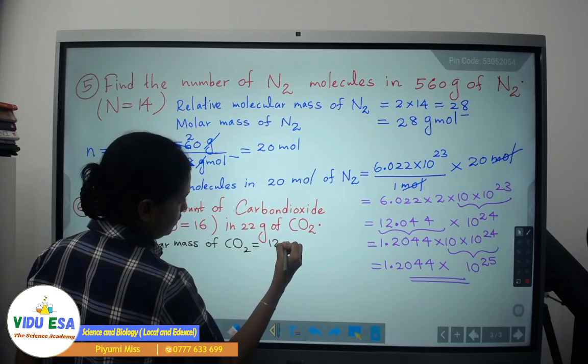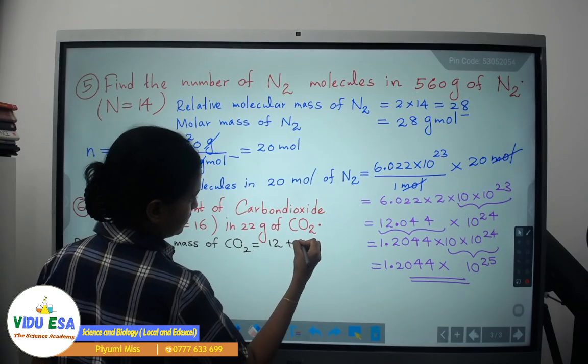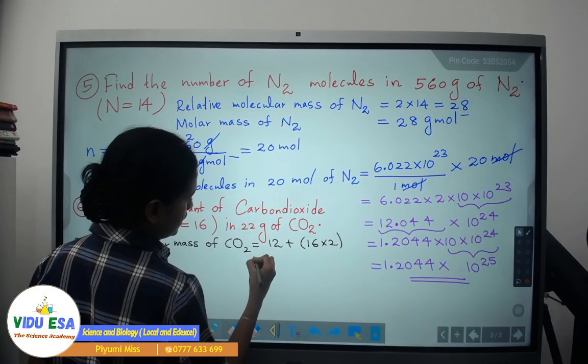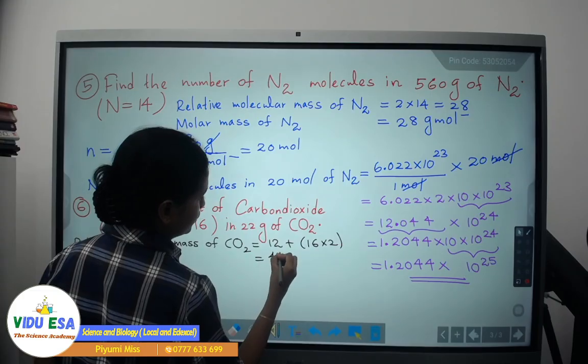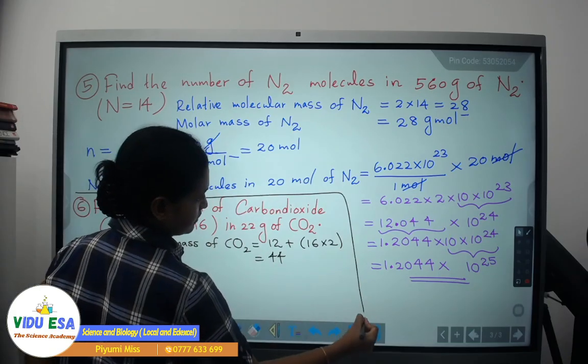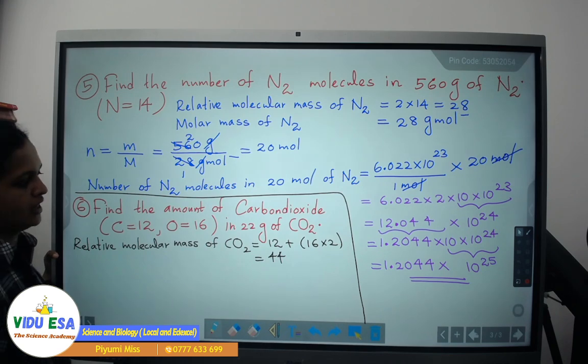Carbon is 12, oxygen is 16, and there are 2 oxygen atoms. Therefore, 16 into 2, 32, plus 12, that is 44. 44 is the relative molecular mass of carbon dioxide.